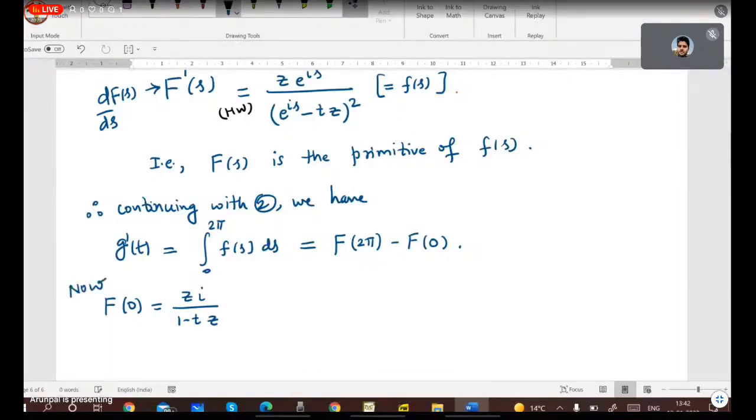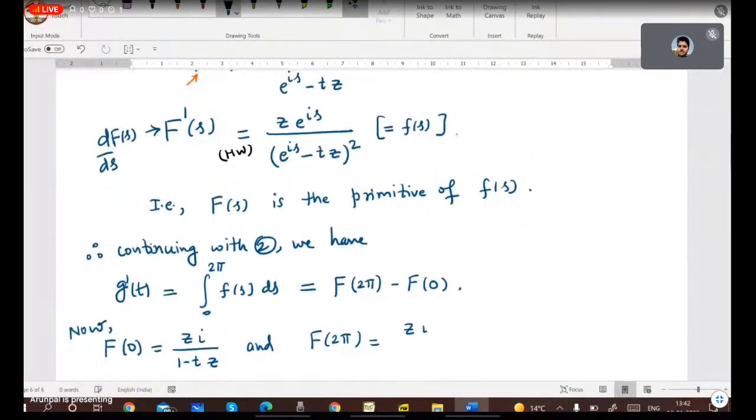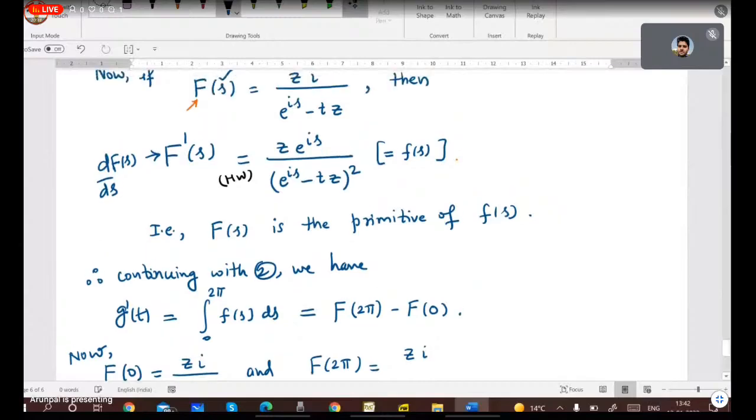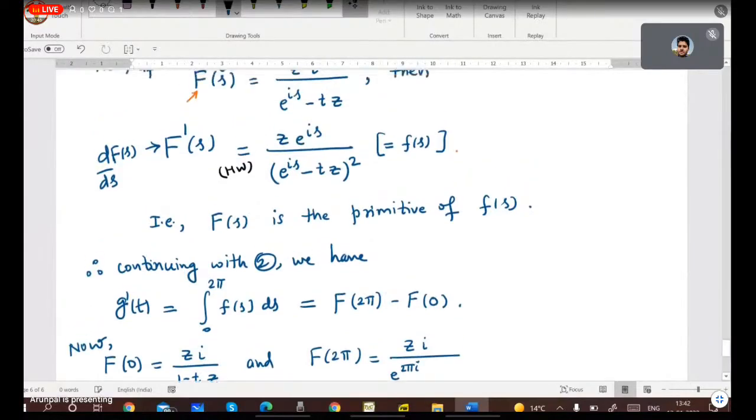Now let us compute the value of F at 2 pi. So class, let's have a look. It will be zi divided by e to the power 2 pi i minus Tz, because now the value of s is 2 pi. Is this okay, class?